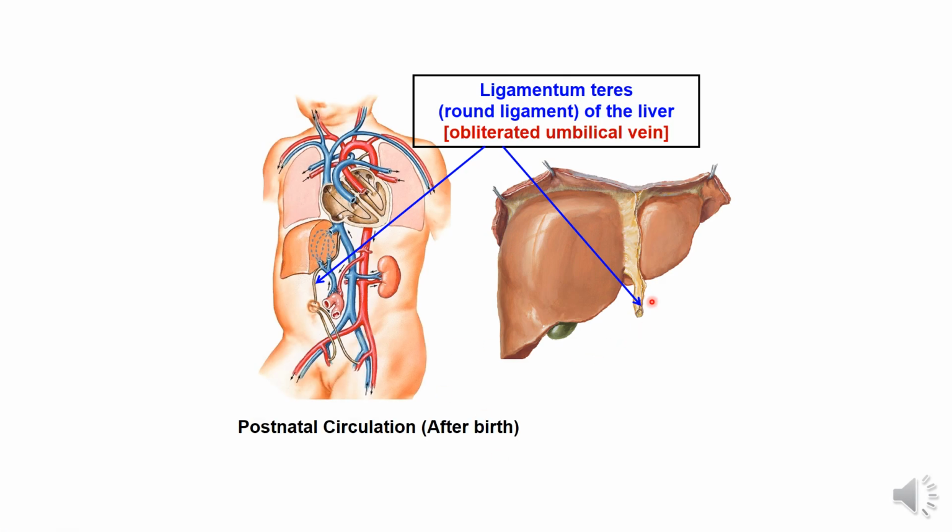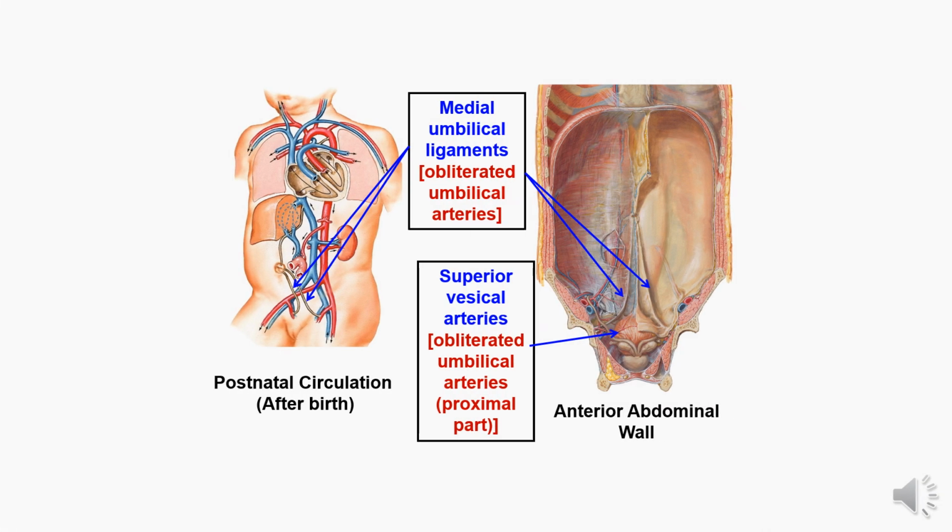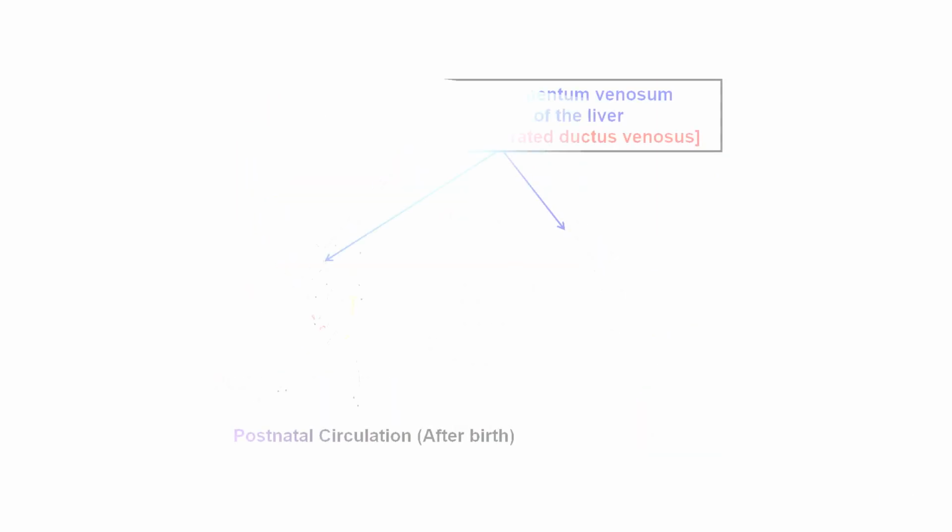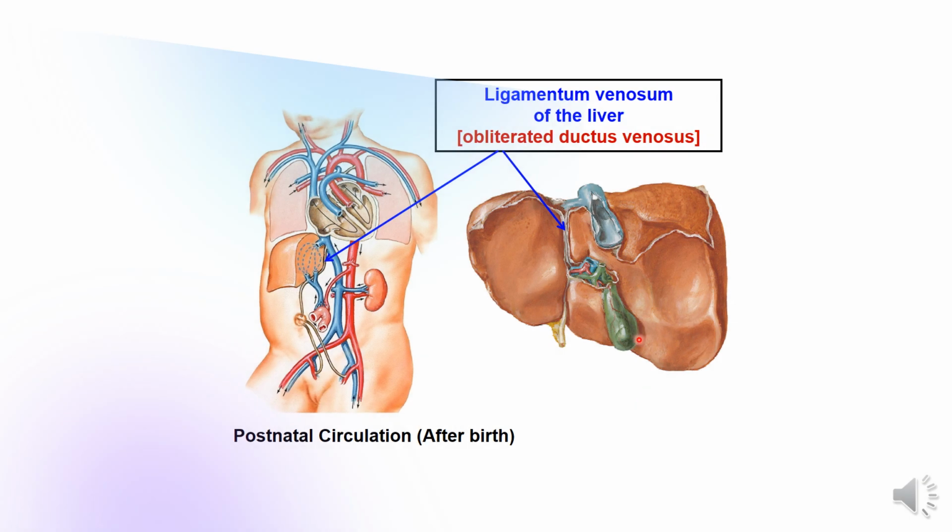Okay, this is the ligamentum teres, the round ligament of the liver. And this is the medial umbilical ligament, the remnant of the umbilical arteries, while the proximal part becomes the superior vesical artery that supplies the urinary bladder. The ligamentum venosum is the remnant of the ductus venosus.